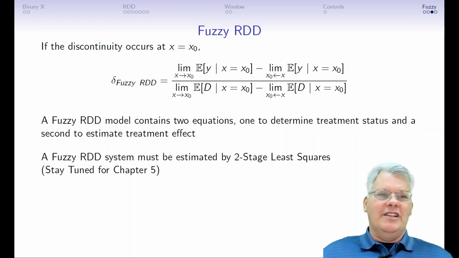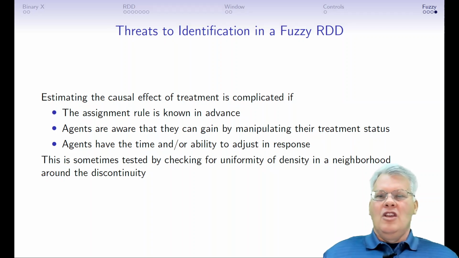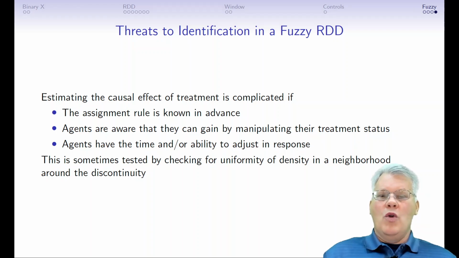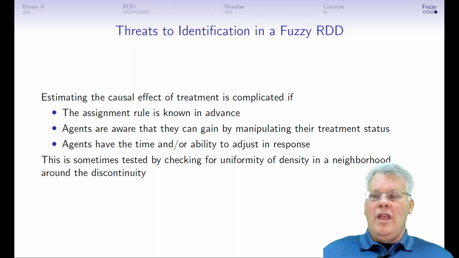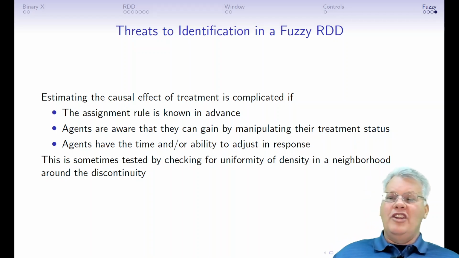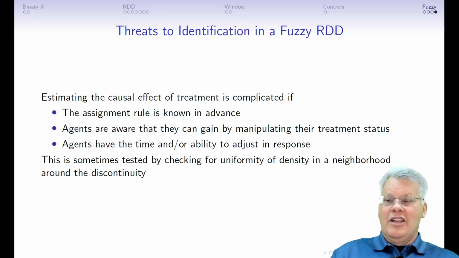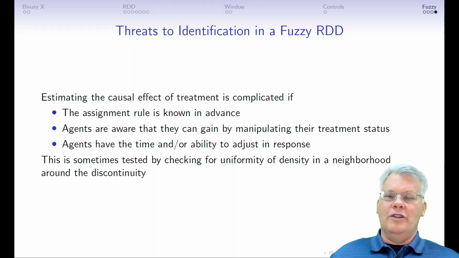So the threats to identification in a fuzzy regression discontinuity: it can be complicated if the assignment rule is known in advance. So if someone really wanted to go to Baylor and they knew about this discontinuity, that might affect their willingness to pay for SAT tutoring to try to cross this threshold, right, and increase the likelihood of treatment.